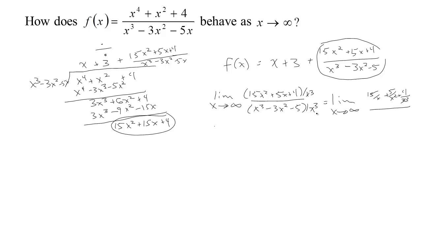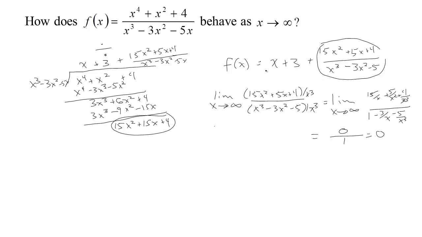And down below, x cubed divided by x cubed would be 1 minus 3 over x minus 5 over x cubed. And what's happening on the top is each of these terms is going to 0. So the top is getting very, very small. And the bottom, these terms fade away, but there's this 1 down here. So the limit in this case is 0.